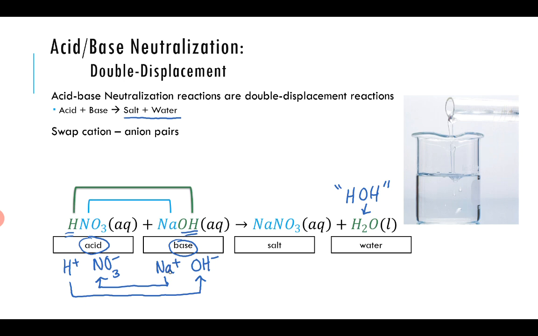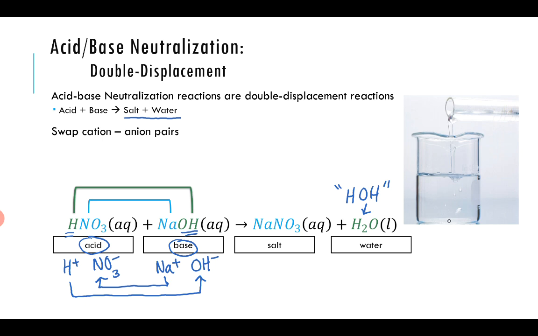And then for my sodium bonding to my nitrate, that sodium has a +1 charge, nitrate has a 1 minus charge, and so I need 1 of each. And so our reaction pattern is then acid plus a base equals salt and water.